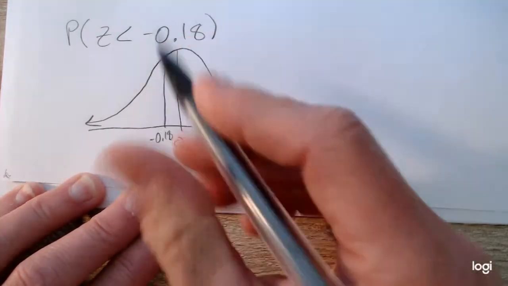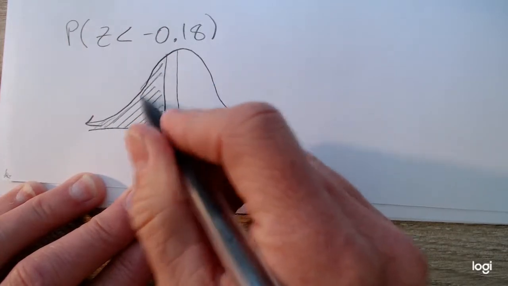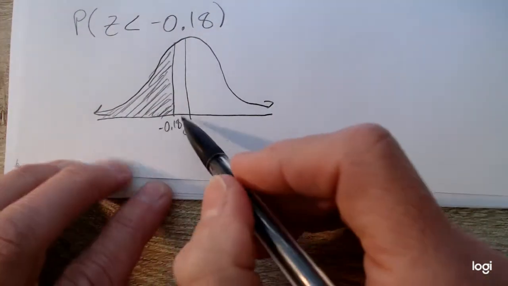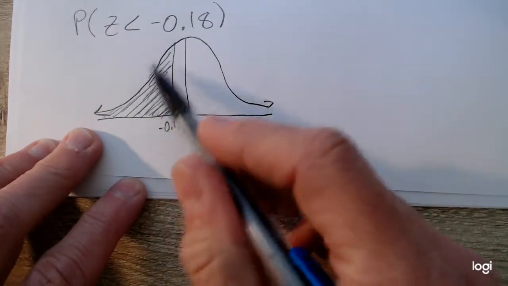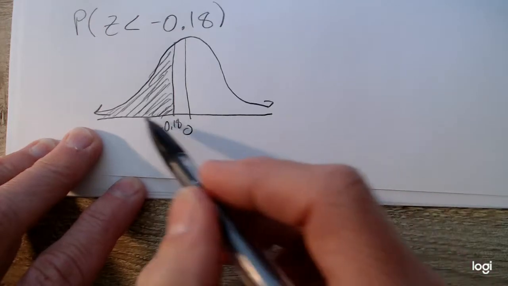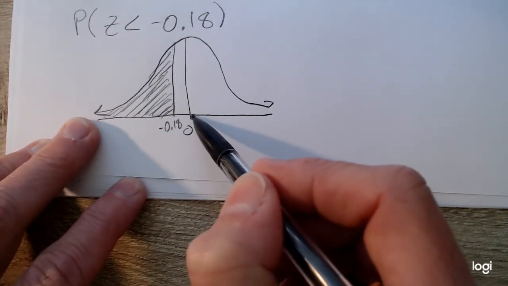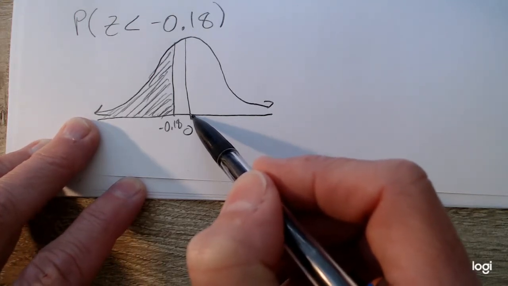Again, because I have a less than, I am shading to the left, and that is exactly how our table reads. And because I am below 0 and I'm shading an area that is smaller than this left half, I expect my area or my probability to be less than 0.5.